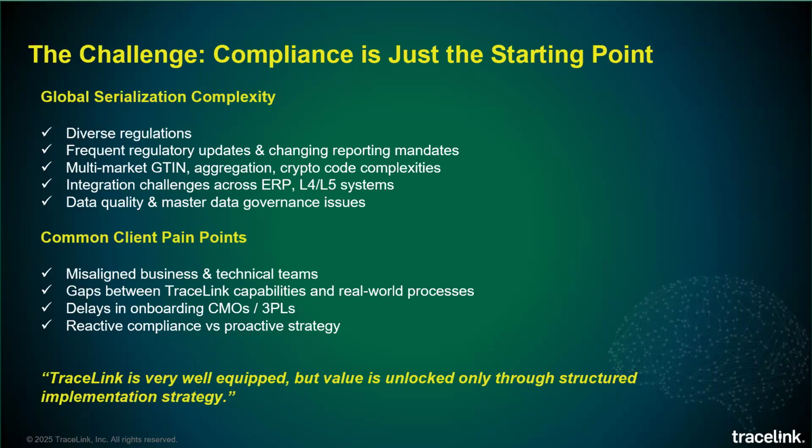Then moving on to the pain points. Misaligned business and technical teams. This is a very common one. There are multiple teams within an organization. Say, for example, in a manufacturer, you have teams working on the IT serialization data side, teams on the ground level working on the production side with the actual line systems, teams on the warehouse side, and other teams on the QA and validation side.